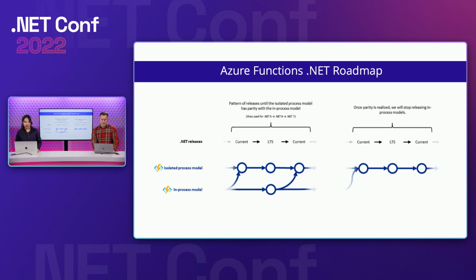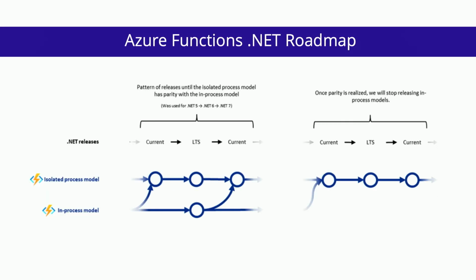Yeah, so a couple of months ago at this point, we shared a roadmap update. It was an update from the previous roadmap that we had shared when we released Functions v4 and .NET 6 support.